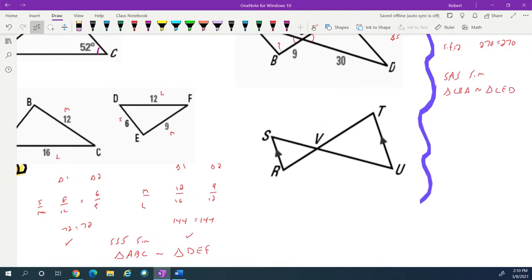And in our last example here, we have parallel lines. So again, we have vertical angles and alternate interior angles. So we have AA similarity, triangle VRS similar to triangle VTU.